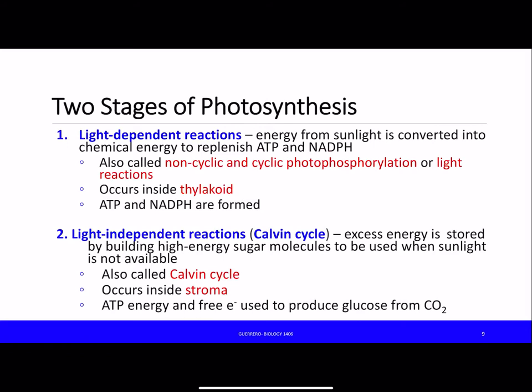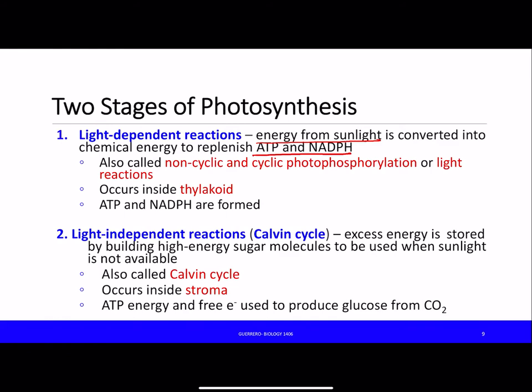My first stage of photosynthesis is known as the light-dependent reactions. It can also be called cyclic photophosphorylation or non-cyclic photophosphorylation, depending on the circumstances. Some people just shorten all of that and call them the light reactions, but they're all referring to the same thing. In the light-dependent reactions, I take energy from sunlight and use it to make ATP and NADPH.